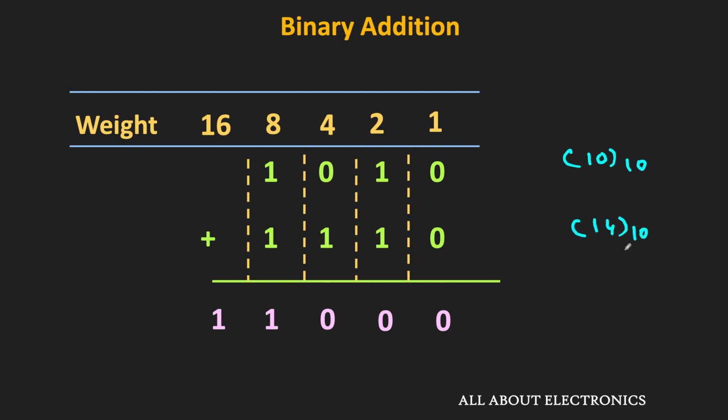And the decimal addition of 10 and 14 is equal to 24. Similarly, if we convert this result into the decimal equivalent, it is equal to 16 plus 8, that is equal to 24. That means our binary addition is correct. So that is how we can perform the binary addition.